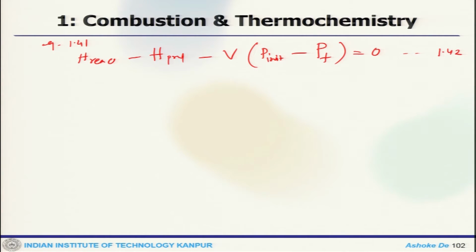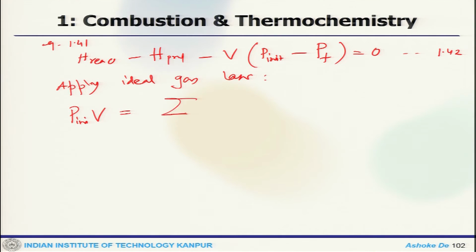Now, if you apply the ideal gas law here, P initial into volume is the summation over all the reactants, Ni Ru T init, which is N reactant Ru T init.